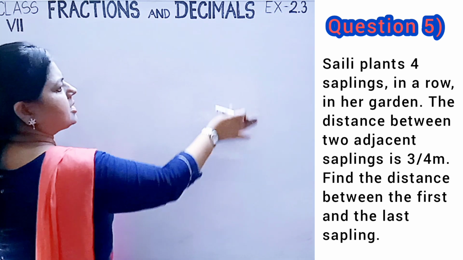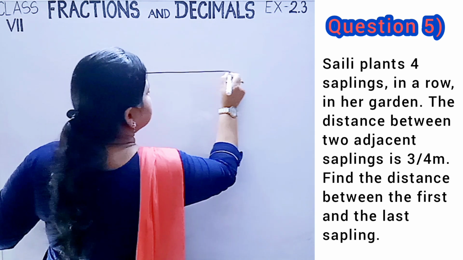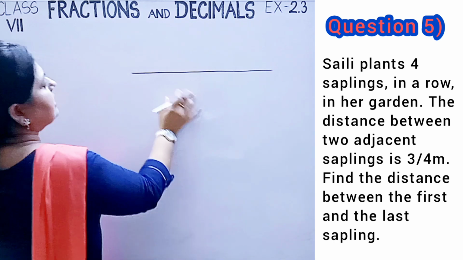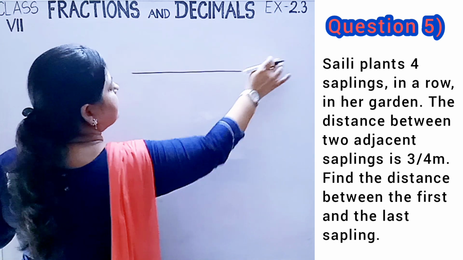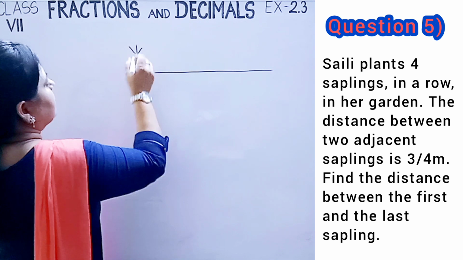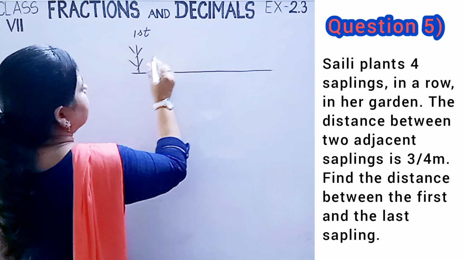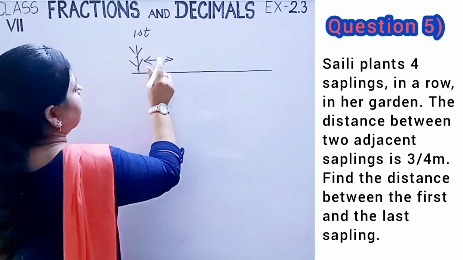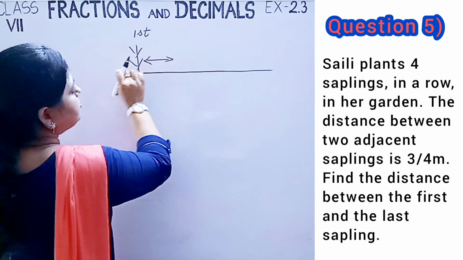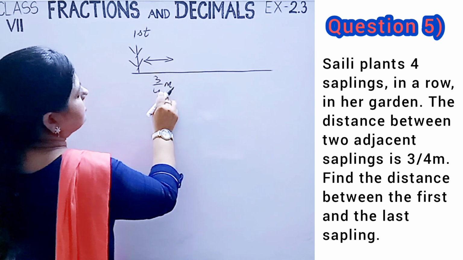In this question, there are total 4 saplings. Suppose this is the garden and saplings are in adjacent way. So, if this is the first sapling, then gap. And what is the gap between these two saplings? 3 by 4 meter.